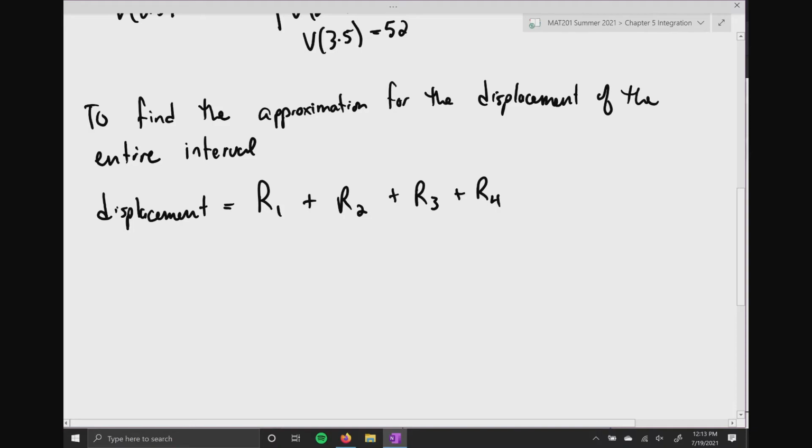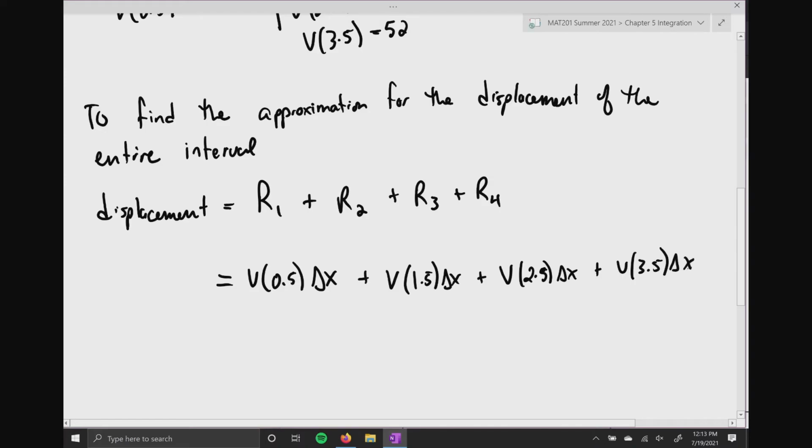Remember, area is the rate times the time. That means V of 0.5 times delta x, our change in x for the first rectangle, plus V of 1.5 multiplied by delta x for the second rectangle, plus the velocity for the third rectangle times delta x, and then the last one.